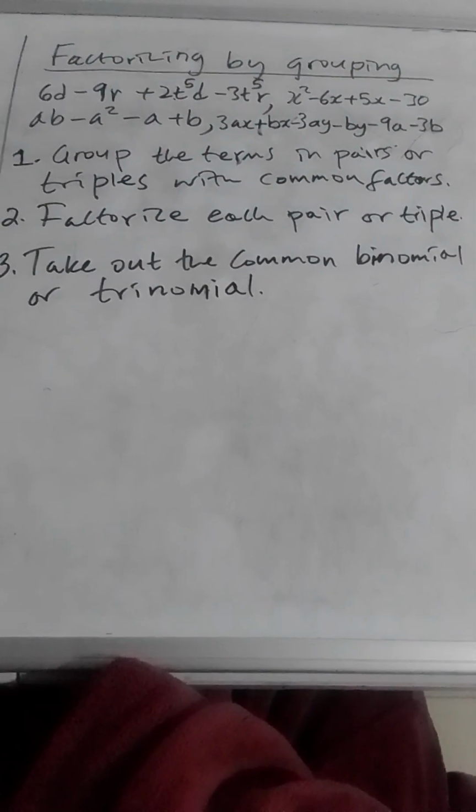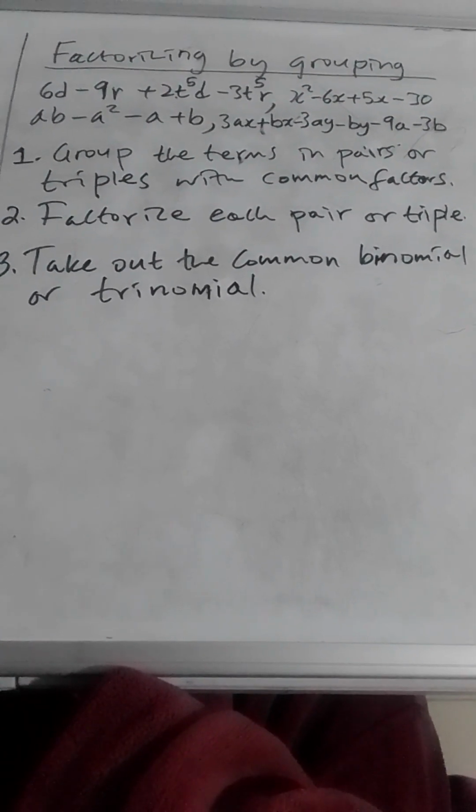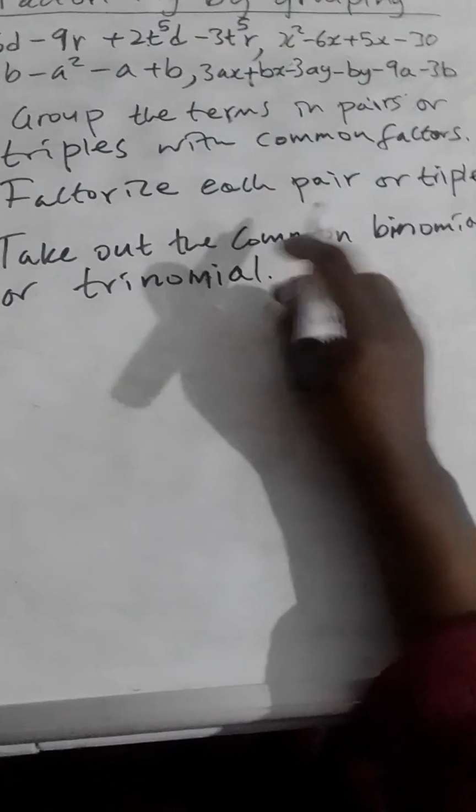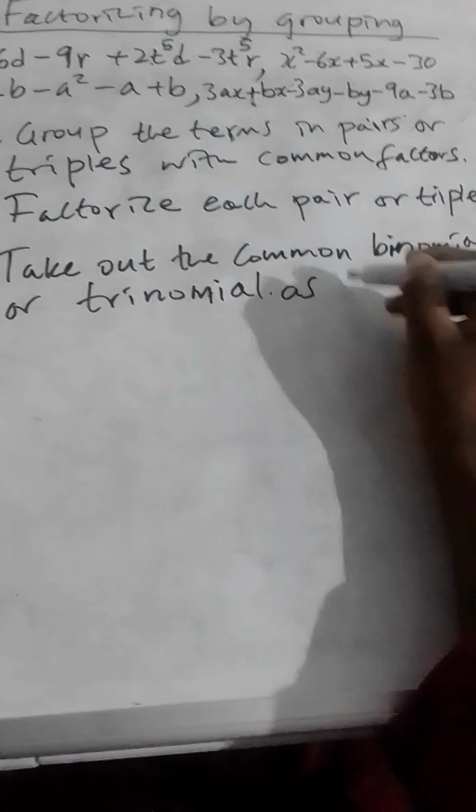And then lastly, you take out the common binomial or trinomial factor as HCF. Then you're done. So we're going to follow these steps to do the examples that I have chosen. Right. So let's erase and then start solving the examples using the steps just mentioned.